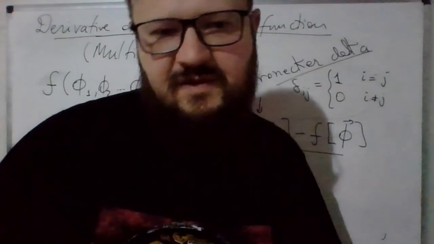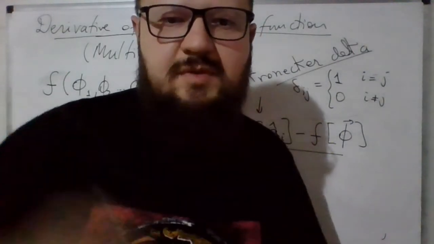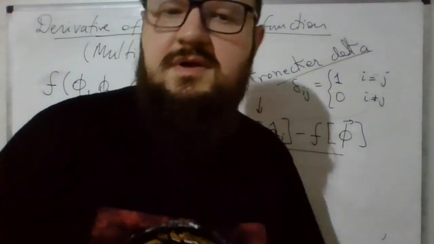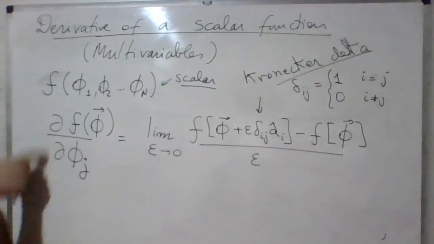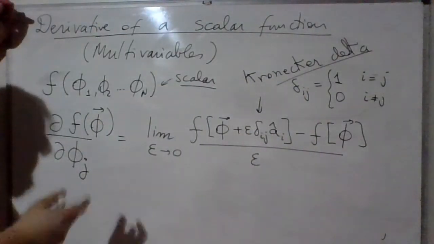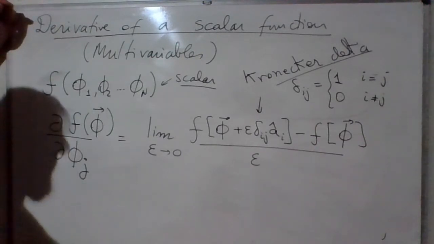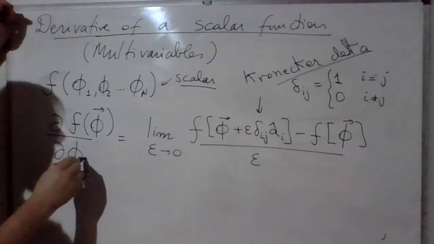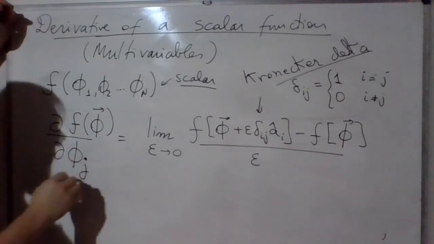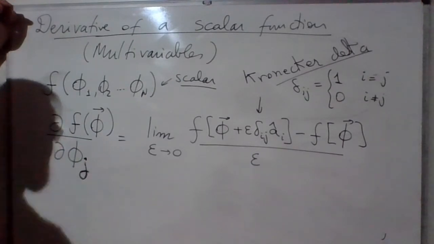If you have a function of many variables, not just one variable, you need to calculate the derivative. It is a partial derivative because you're varying just one of the variables, in this case some phi sub index j.